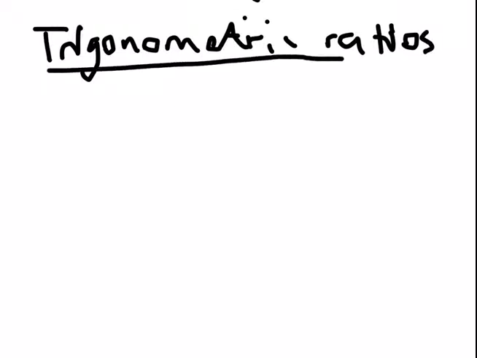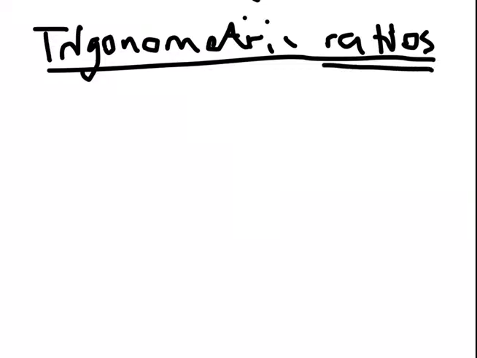I'm pretty much sure that by now you know what trigonometry means. It simply means the measure of a triangle, whereby for you to be able to measure a triangle, you need to know the names of the three sides, and you must also have the three inside angles. So what I'm going to be teaching you is the trigonometric ratios.